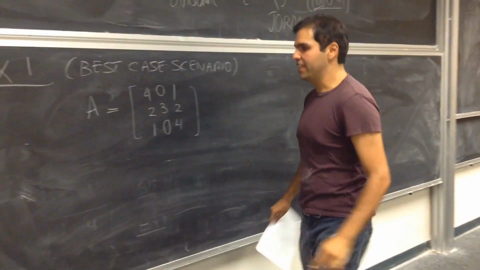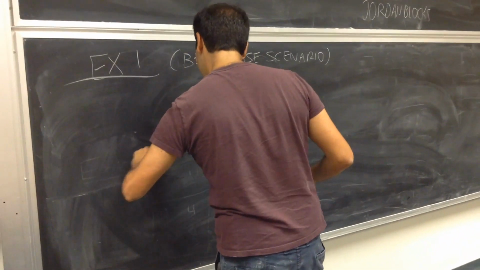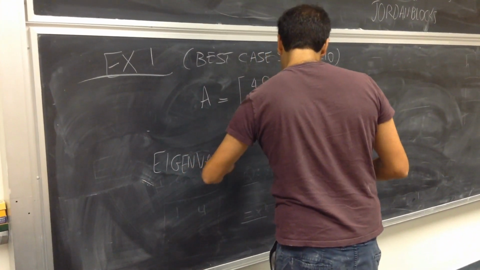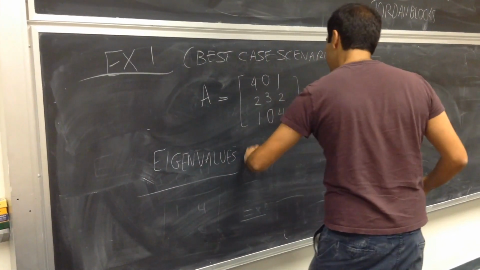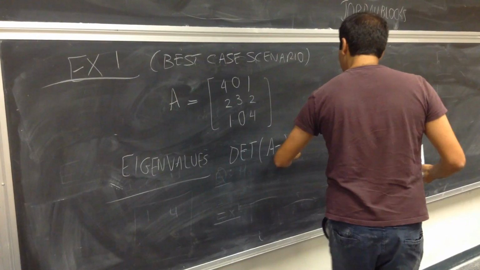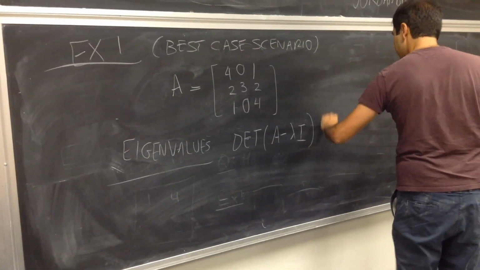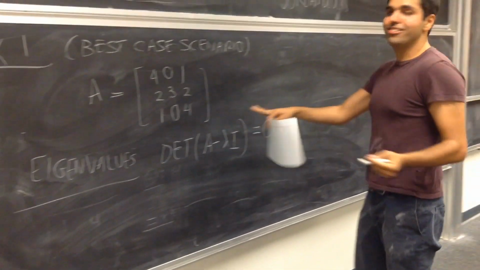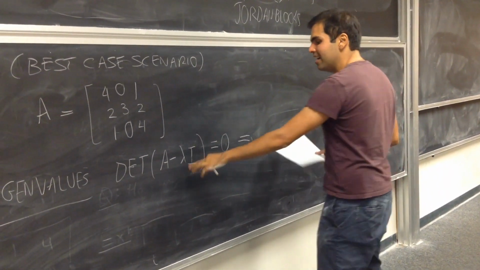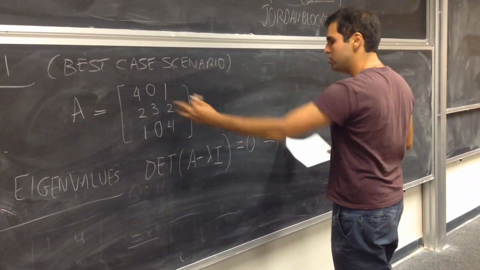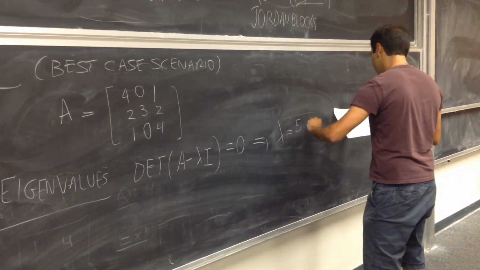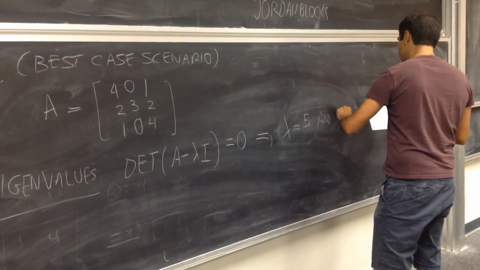Suppose you find the eigenvalues, which means you solve determinant of A minus lambda I equals 0. Again, I will not do this computation because otherwise this video will be too long. But let's say you do this, you find that lambda equals 5 and lambda equals 3.